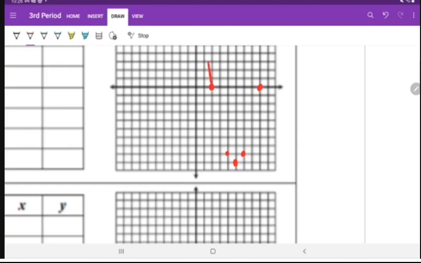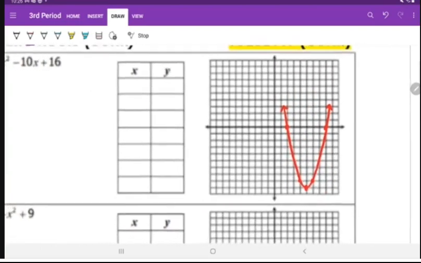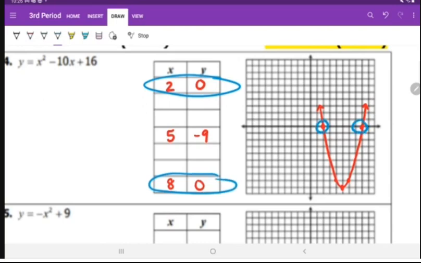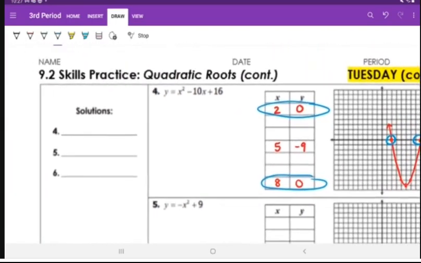So this is what my parabola looked like when I put it into my graphing calculator. So some of the values on our table might have been our vertex at 5, -9, and these two really important points as well were probably on your table. The ones with the y values of 0, those are our x-intercepts, so those are our solutions. So our solutions to number 4 should have been +2 and +8.